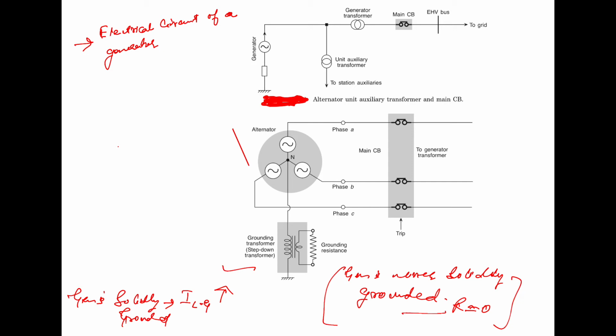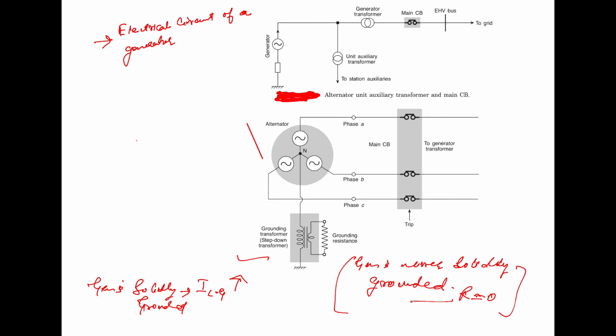So what happens when the current increases? Apart from this high value of the current due to the single line to ground fault, the asymmetry in the rotating magnetic field inside the generator would increase because of the increase in the fault current.